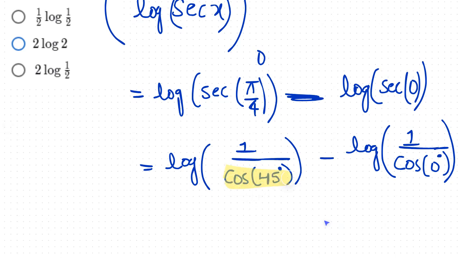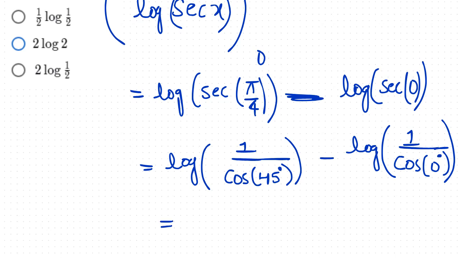Cos 45 value is? Do you know this answer, the value, in your head? So 1 by 2, root 2 by 2, root 3 by 2. It will be sine, and cos will be root 2 by 2.